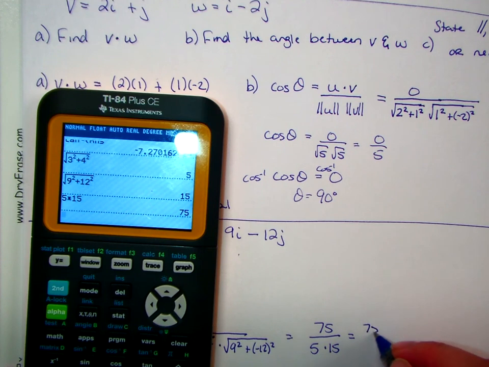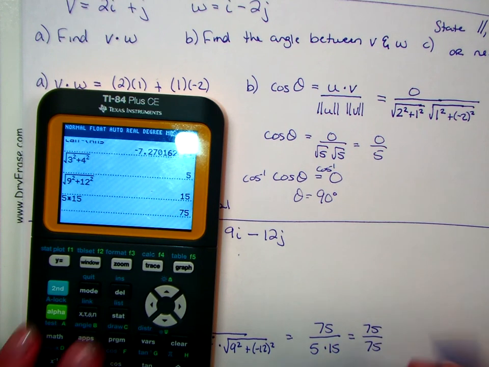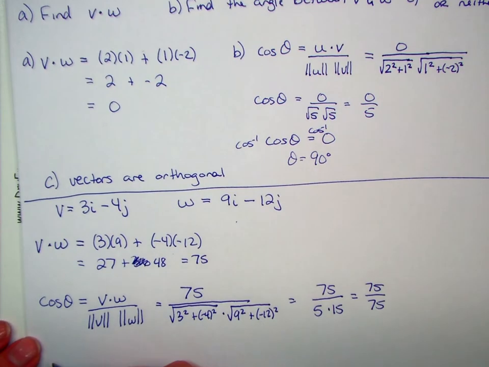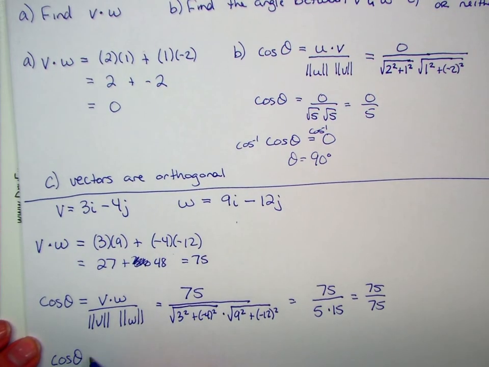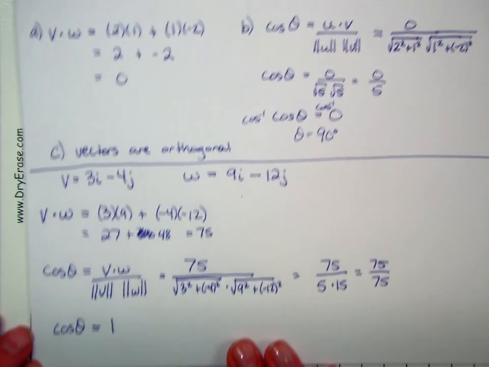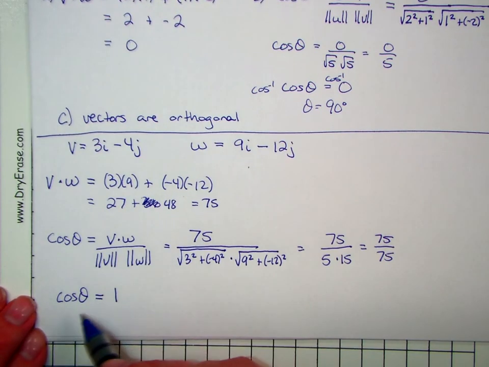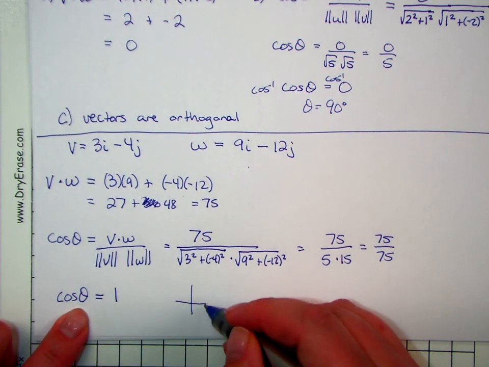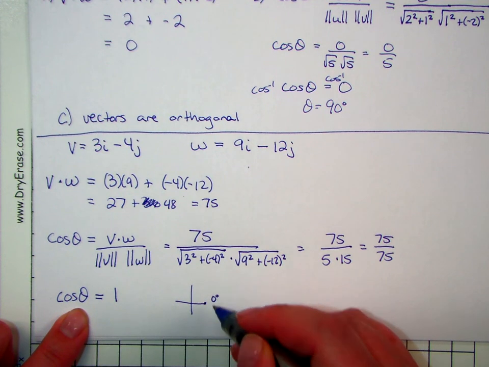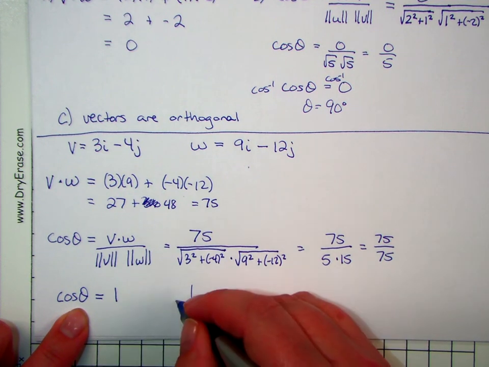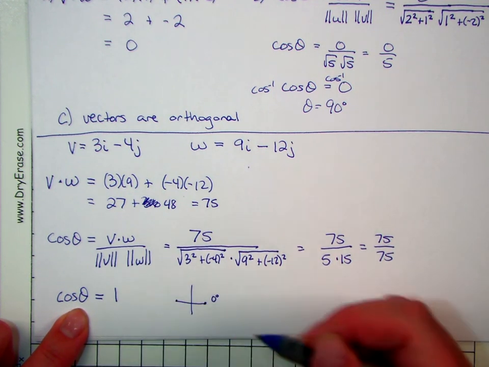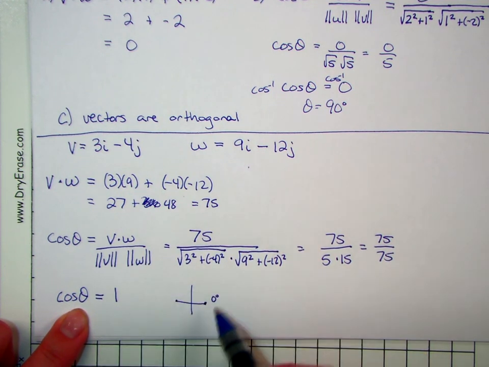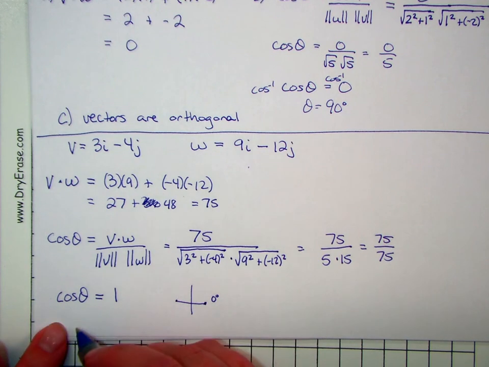So we're getting 75 divided by 75 here. So really cosine of theta is 1, right? So we can cosine inverse this, but really what angle does cosine have a value of 1 on, right? Isn't that 0 degrees? Cosine is 1, okay? And so theta here is 0 degrees.